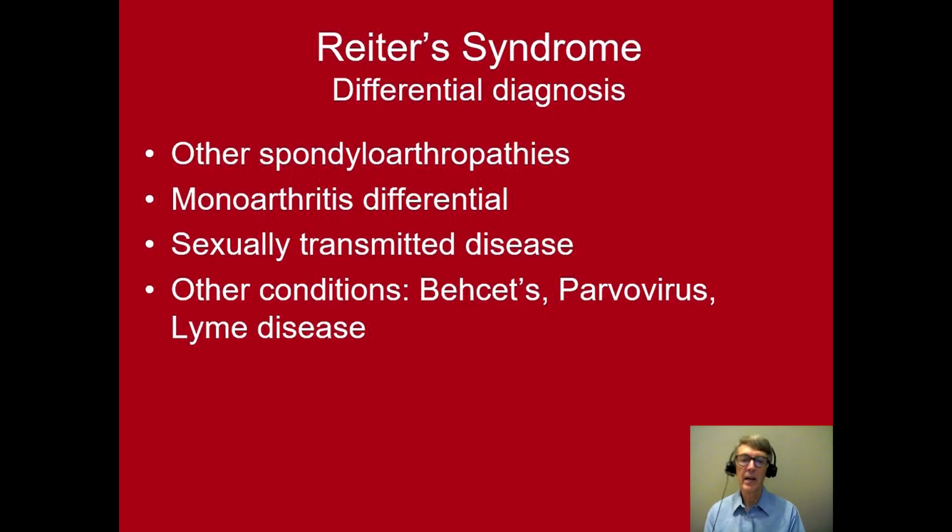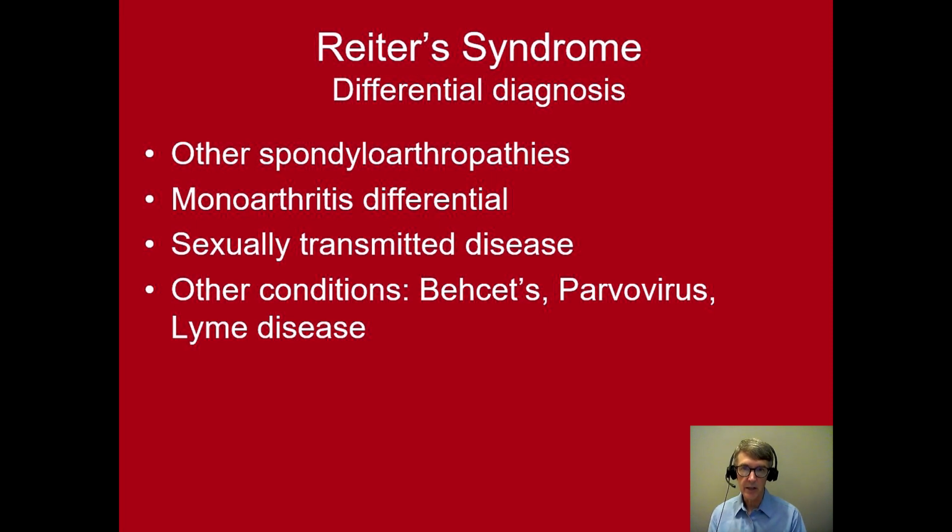The differential diagnosis, again, the other spondyloarthropathies, but again, I don't know if the differentiation between one versus the other is all that important. There's a long differential diagnosis for monoarthritis, and we'll discuss that somewhat when we get into our discussion of septic arthritis and joint aspiration.